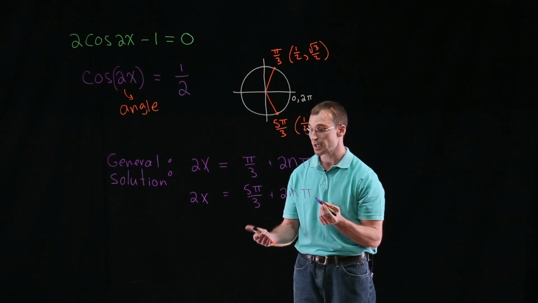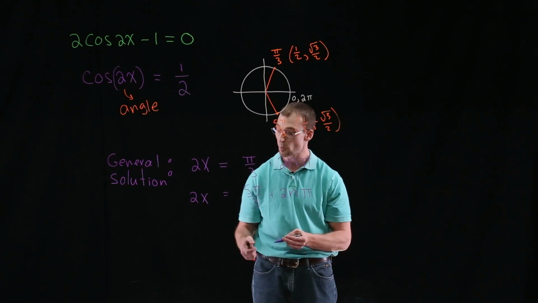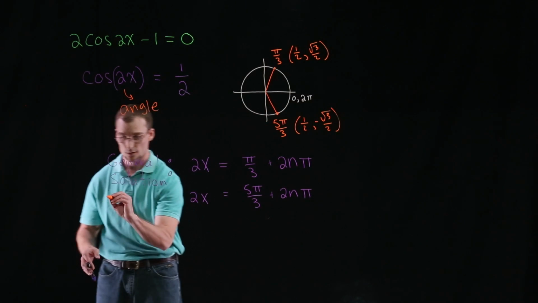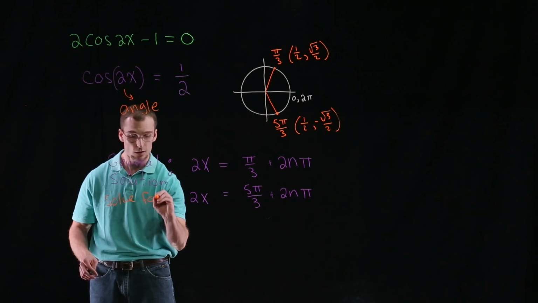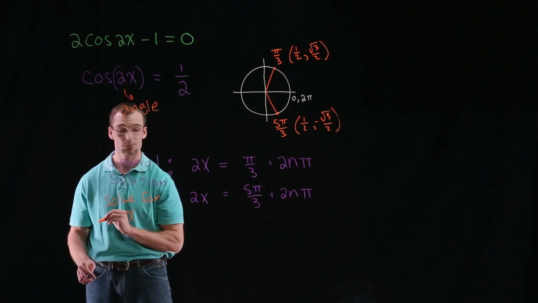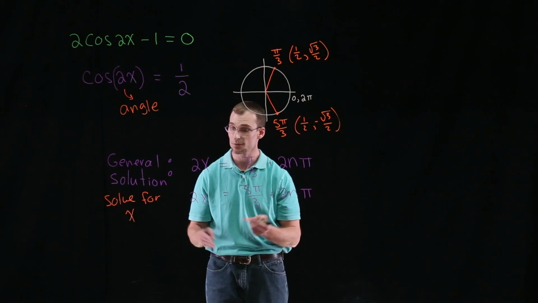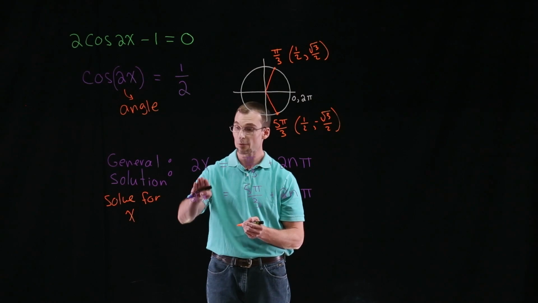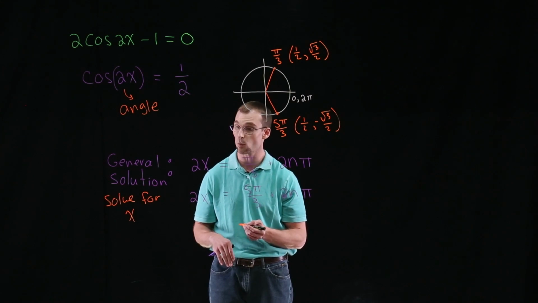Now, we have the solution in terms of 2x, but we want to solve specifically for which values of x. So taking these two equations, we're going to solve these for x, which is pretty straightforward. If we want to solve for x, we can divide both sides by 2 or multiply by 1/2.